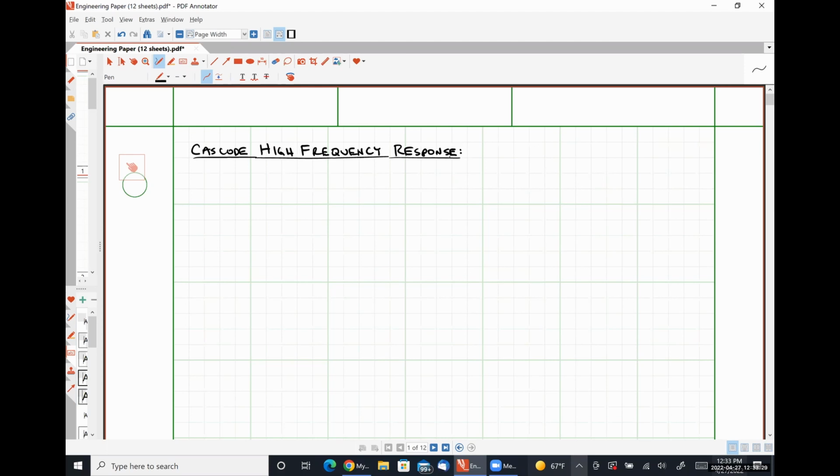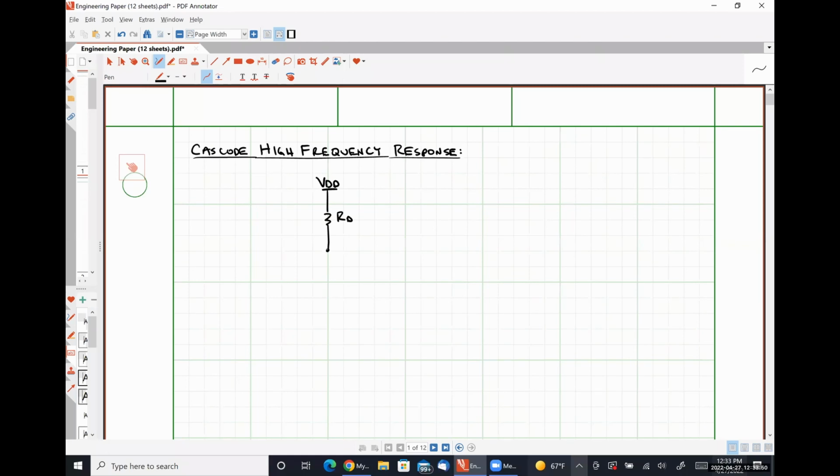So for our cascode amplifier, we're going to have something that looks like this. So here's VDD. We are biasing our cascode with some resistance RD.